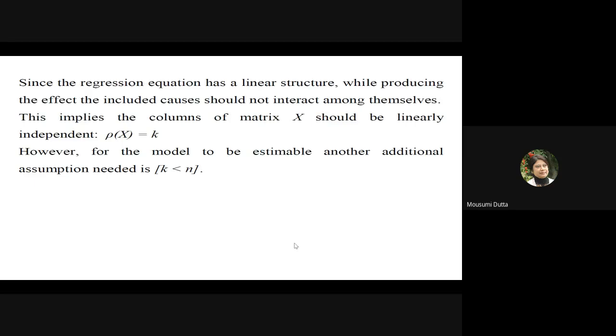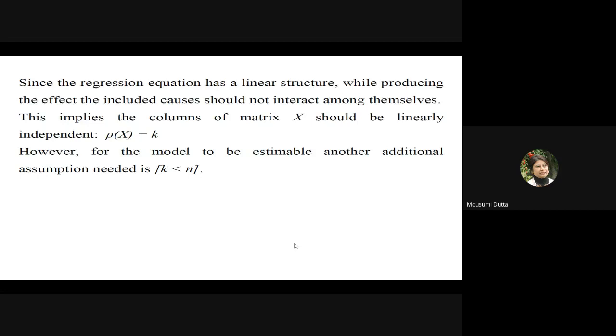So this assumption is a new assumption. This assumption was not required in the context of two variable analysis because there was no chance that columns would be linearly dependent. Only when you are considering more than one explanatory variable is there a chance that we can construct this kind of assumption.